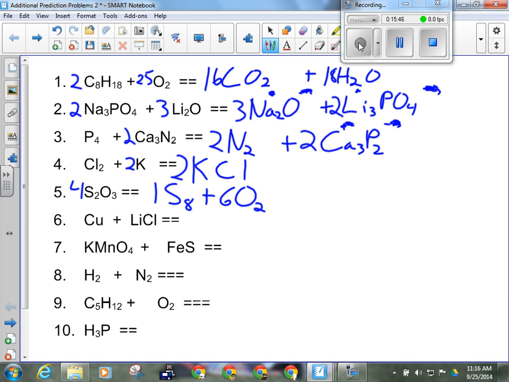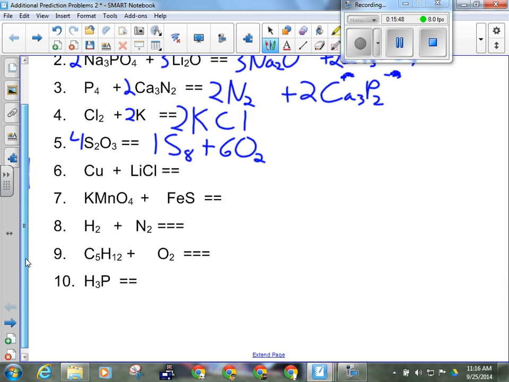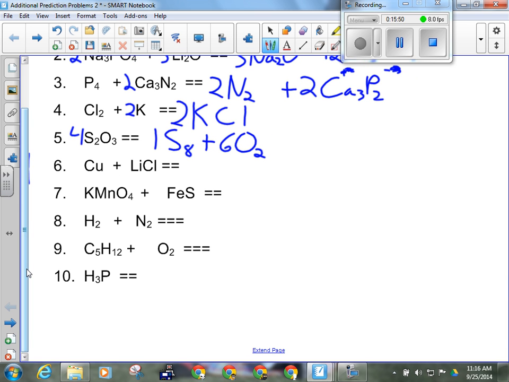All right, then for number 6, I've got a metal element reacting with an ionic compound. Michael, what kind of reaction is that? Single replacement. So copper is going to replace who? Aiden? It'll end up with chloride, it'll replace lithium, yes. So Cu ends up with Cl, and lithium ends up by itself.